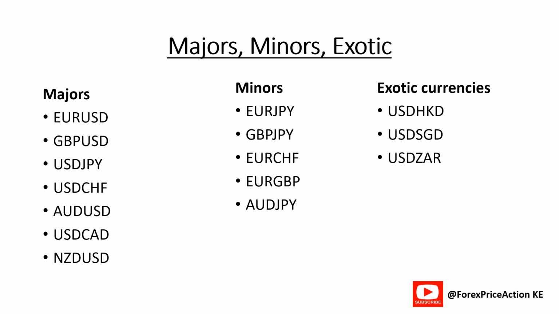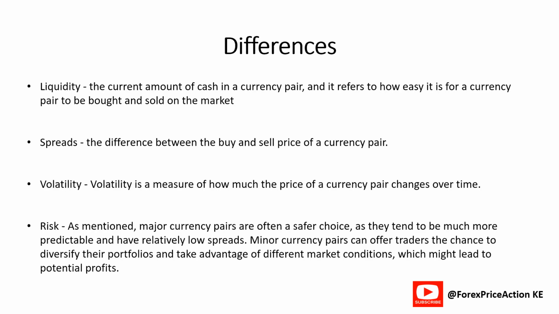Like you see the euro yen, the euro Swiss, the euro pound, and then you have exotics. These ones are rarely traded and don't even form a very big portion of world trading from an FX perspective. And the differences between the three categories are largely split into liquidity, spreads, volatility, and risk.